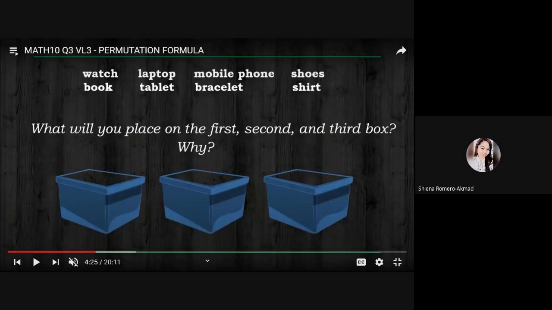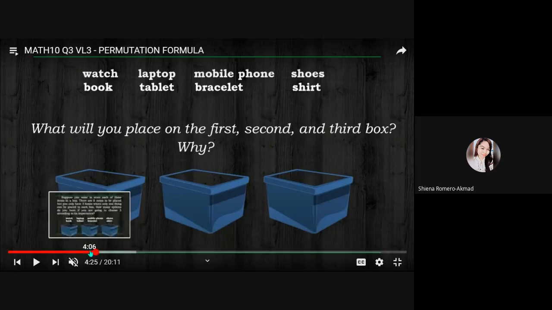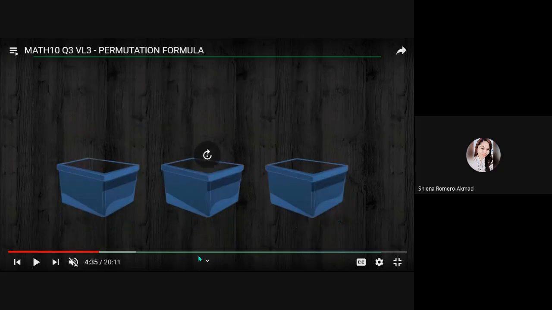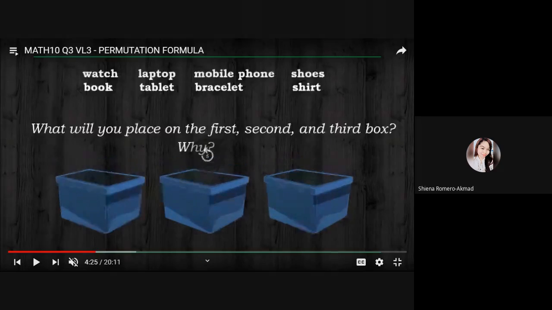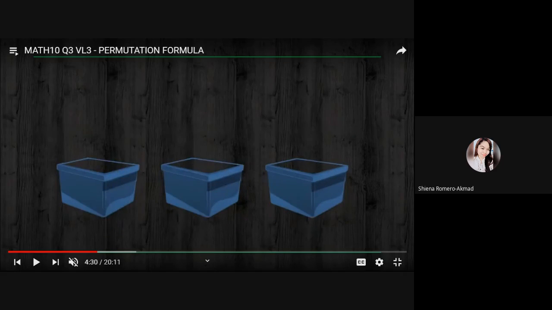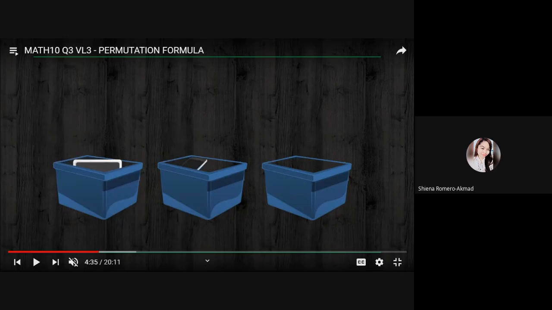Of course, we have different priorities and choices. If I were to choose, I would go for the laptop in the first box, the phone in the second, because these are the things I usually use when I work or when I teach.